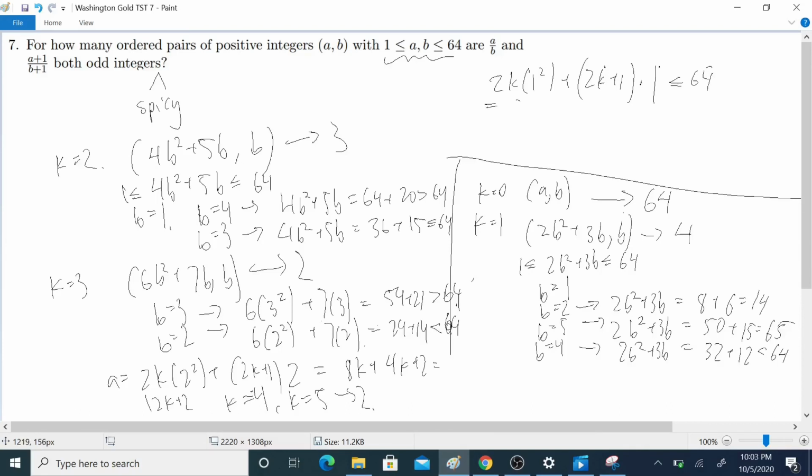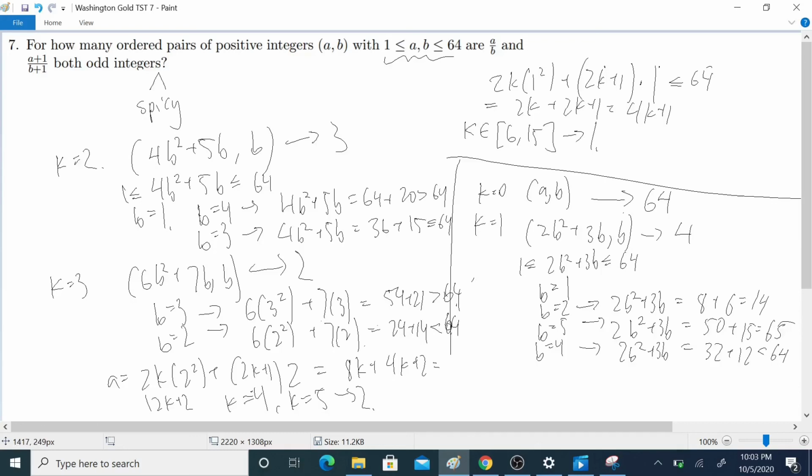Well, this is 2k plus 2k plus 1, which is 4k plus 1, which is less than or equal to 64 when k is less than or equal to 15. So when k is in the range 6 to 15, we get one solution.